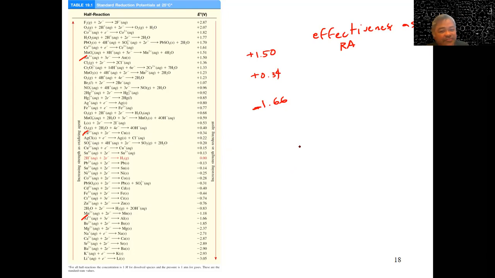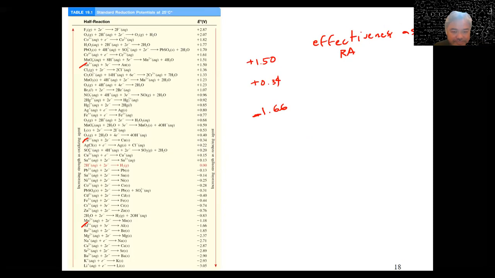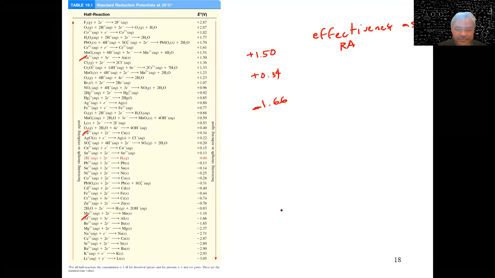So ano sa tingin nyo ang pinakamalakas na reducing agent? Gold, copper, or aluminum? Gold po. Gold? How about the others? Meron nag-ano sa chat ata eh. Gold?